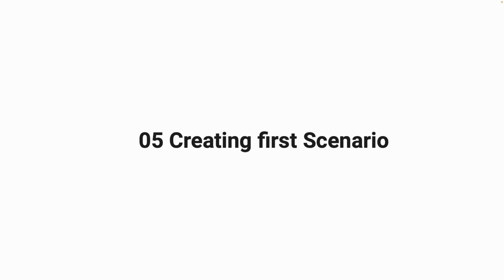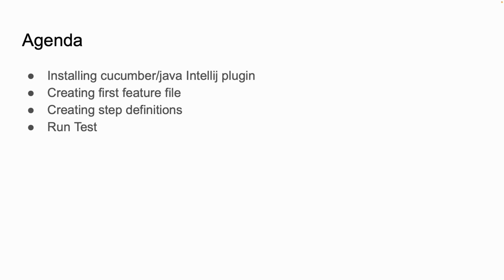What will be covered in this session? We will be installing something called a Cucumber plugin, and that is for us to have more easily access to build Gherkin scenarios. Second, we will create our first feature file with the format given when then.